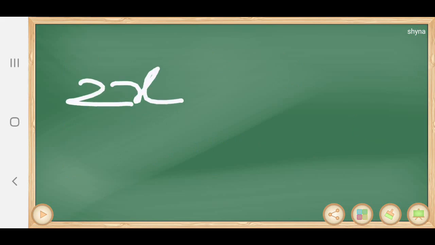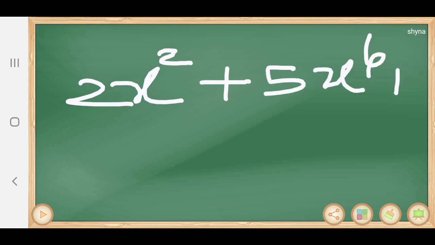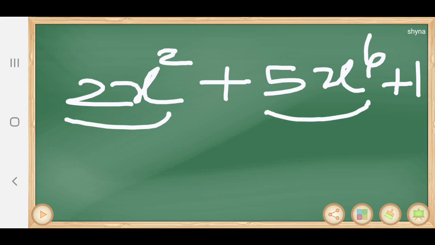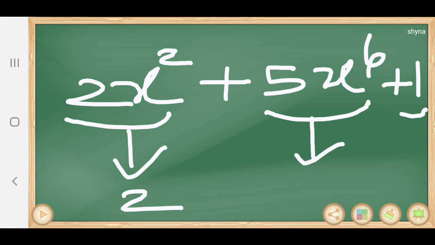Here is one polynomial, 2x square plus 5x raised to 6 plus 1. Definitely a polynomial. The first term is 2x square, the second term is 5x raised to 6, the third term is 1. What is the power of x in 2x square? 2. In 5x raised to 6, the power is 6. Here it is 0, when I am not writing, 1x raised to 0.